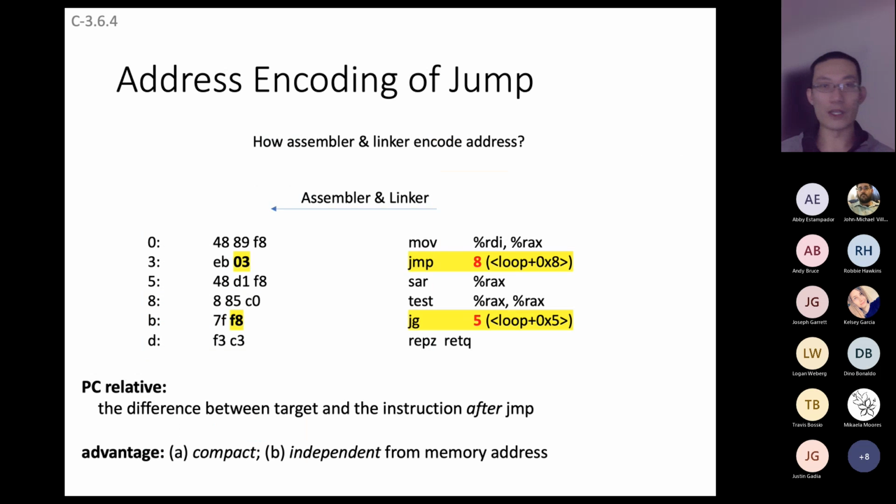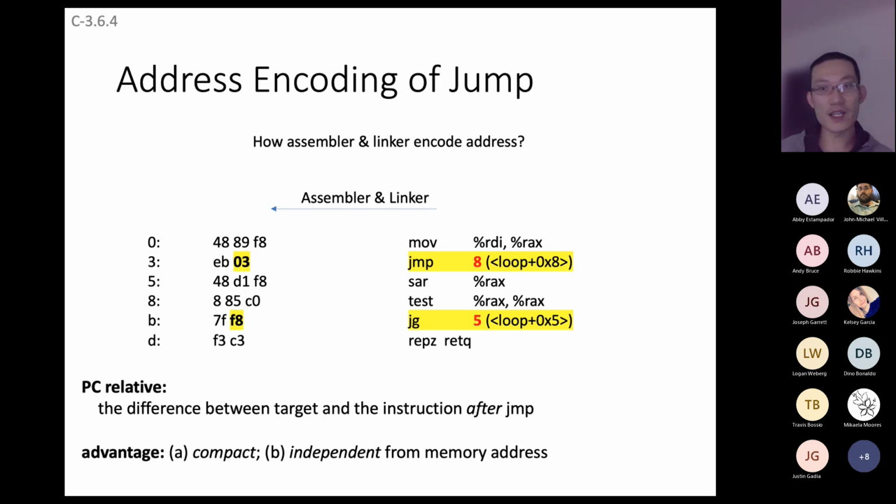We also talked about how to encode this at the machine level. When we translate the assembly to machine level, there's a possibility that this machine code could be moved somewhere else in memory. Every time we execute the same piece of program, we could start from very different addresses. And if we put down the target address in an absolute way, that means if we move the program, there will be a problem. We would jump to the wrong location. So we do it in a relative way.